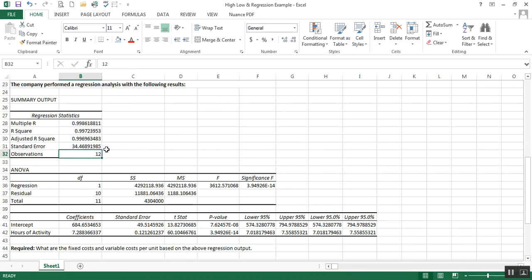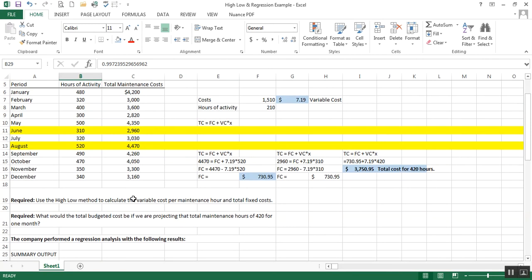We had 12 months that we looked at. There are 3 pieces of information you should pay attention to: the R squared, the intercept coefficient, and the hours of activity coefficient. What the R squared tells us is that 99.7% of the variability in the total maintenance cost is driven by the change in the hours of activity.